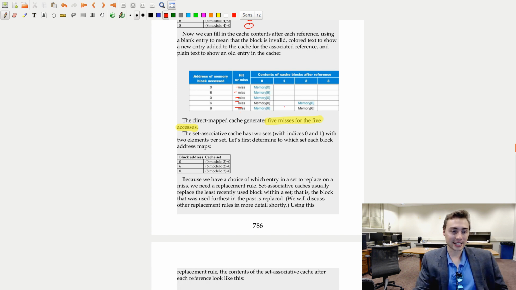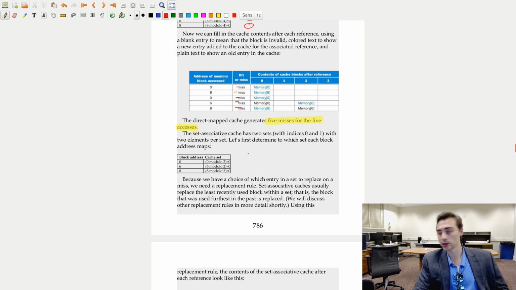So in the set associative cache, in this case, we have two sets, either 0 or 1, with 2 elements per set. So let's determine to which set each block address maps. All of these would go to set 0.